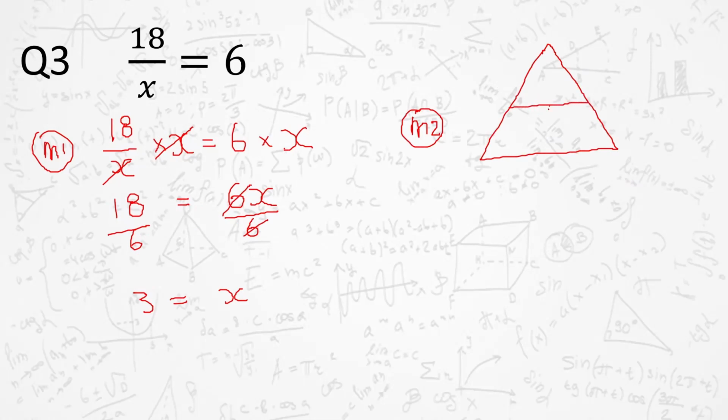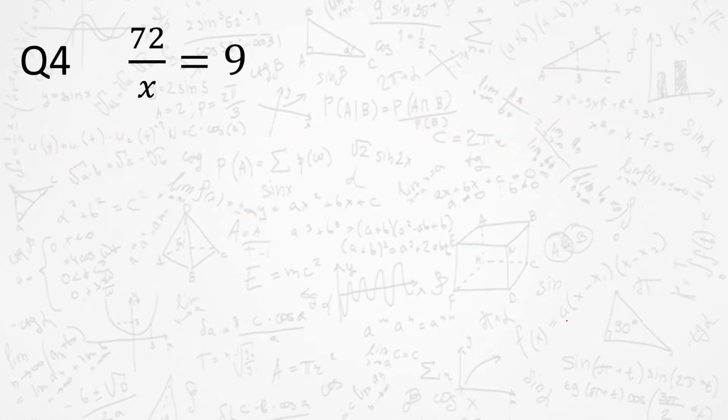The number on top of my fraction, 18, goes on the top, and then I have x and 6, which means if I want to solve x, the relationship here is 18 over 6, so that's my division. So x equals 18 over 6, which is 3. So that's method 2. Let's try one more.